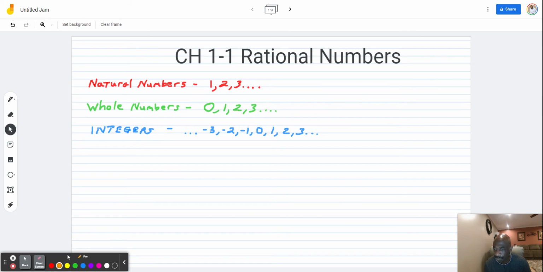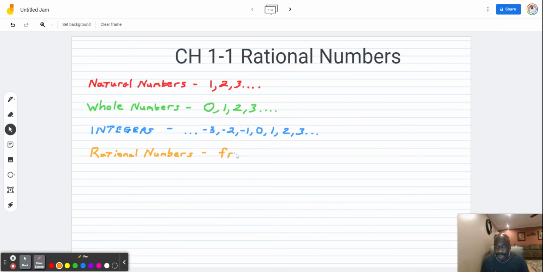Also, let's do one that's called rational numbers. Rational numbers includes all of your natural, whole, and integers, but they also include fractions.